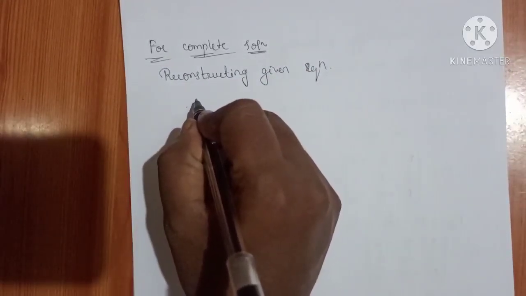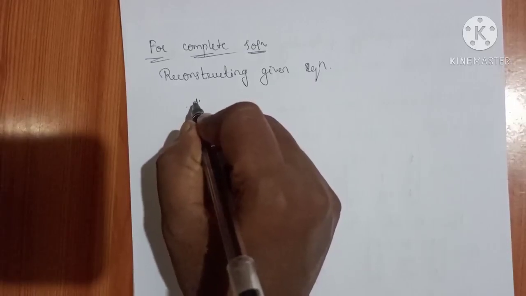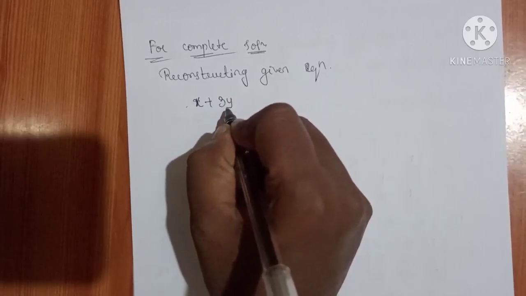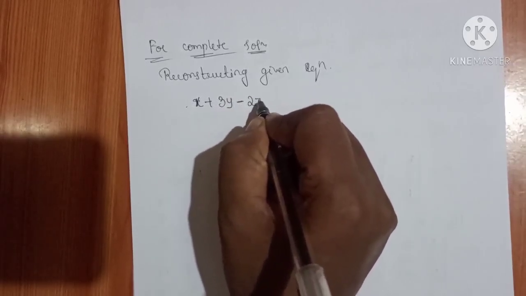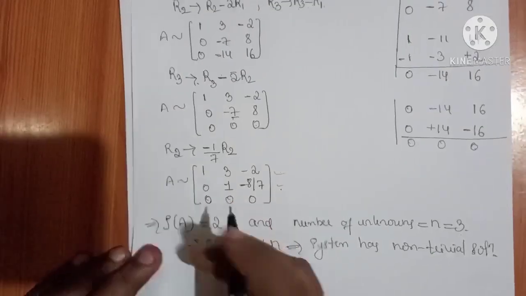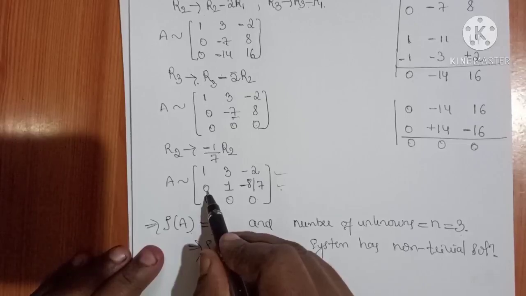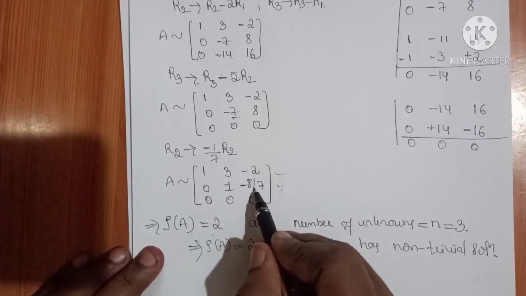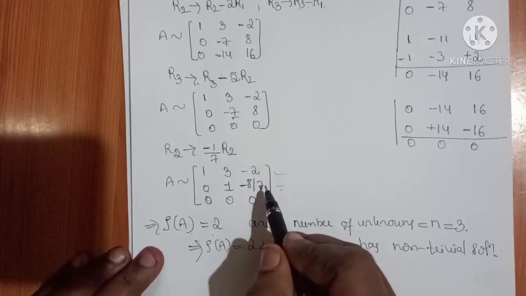We get 1 into x, which is x, plus 3 into y, 3y, minus 2 into z, 2z, equals 0. Next, by the second row we get 0 into x, 1 into y, y, minus 8 divided by 7 into z.